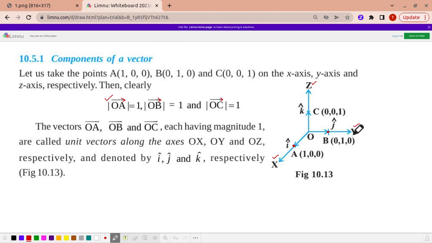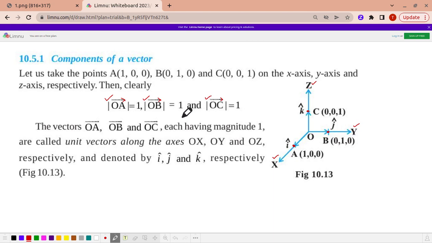So now we can say that the mod of OB equal to 1, because that is also 1 unit, and similarly we get a point C on the z-axis and its coordinate is 0, 0, 1, because any point on the z-axis has its x and y coordinate 0. Okay, fine. So we get mod of OA equal to 1, mod of OB equal to 1, mod of OC is equal to 1. Correct.